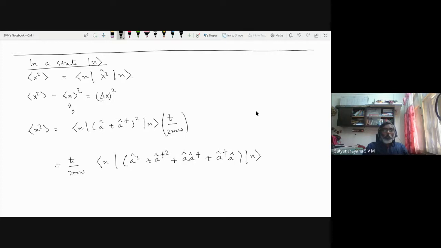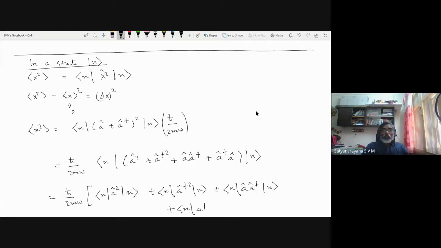Okay. So which is equal to ħ/2mω times ⟨n|a²|n⟩ plus ⟨n|a†²|n⟩ plus ⟨n|aa†|n⟩ plus ⟨n|a†a|n⟩.